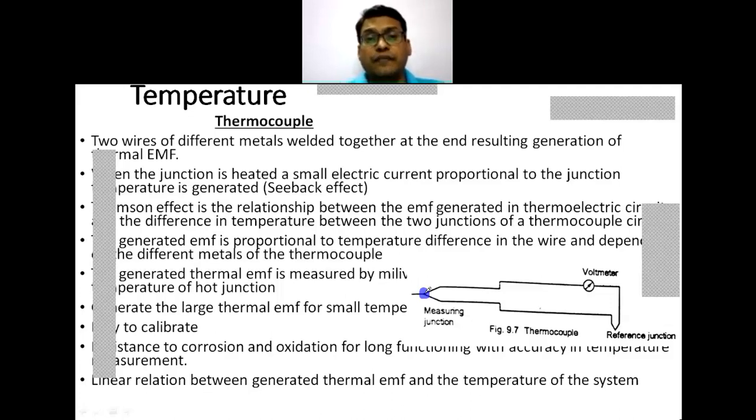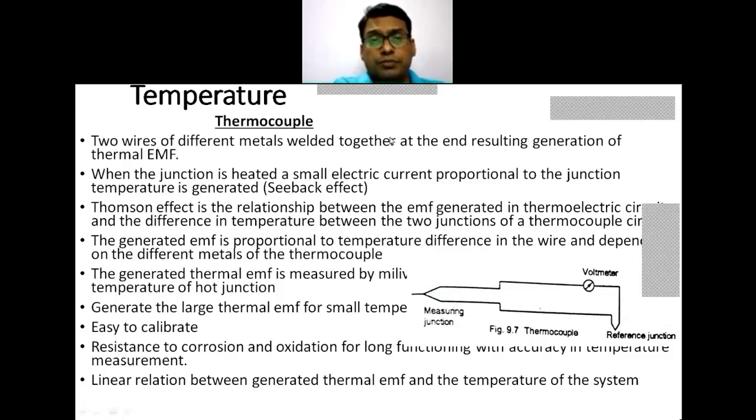and this generated EMF, when the junction is heated, if this point or this junction, this is the fuse point of two different metal wires, that is heated, a small electric current will be formed, and this generated electric current is proportional to the generated voltage, EMF.